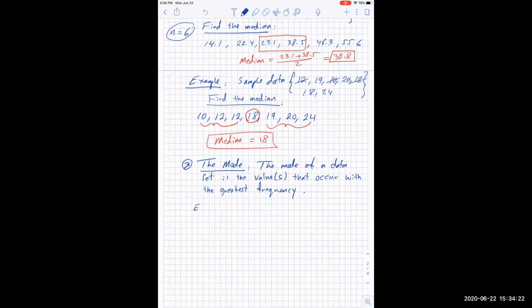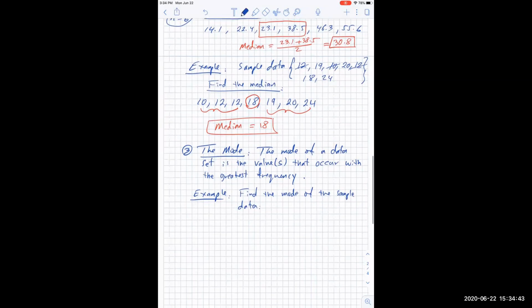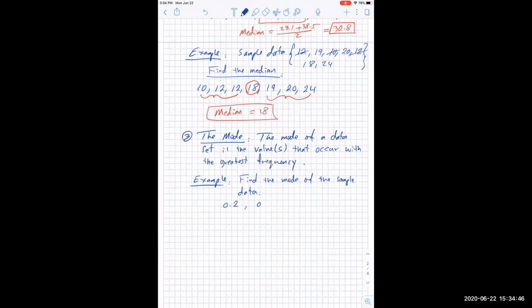Example: find the mode of the sample data. 0.2, 0.3, 0.3, 0.2, 0.3, 0.6, and 0.6.